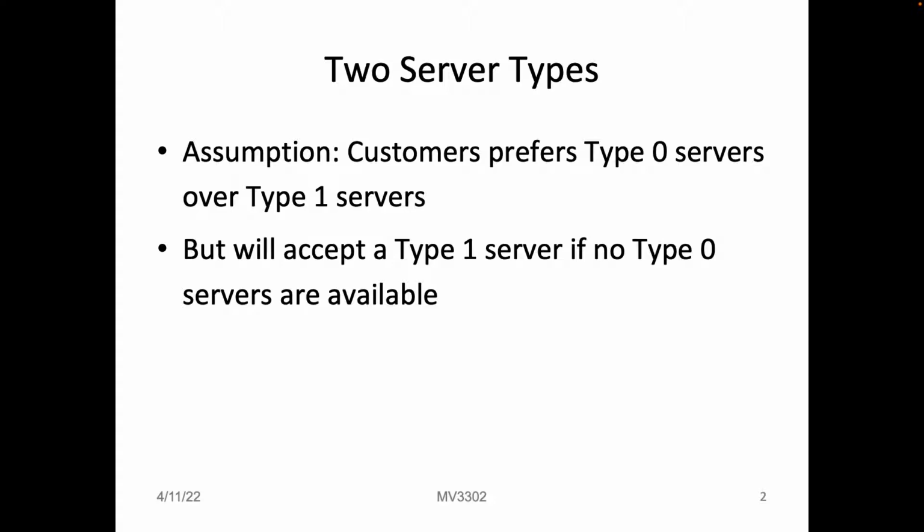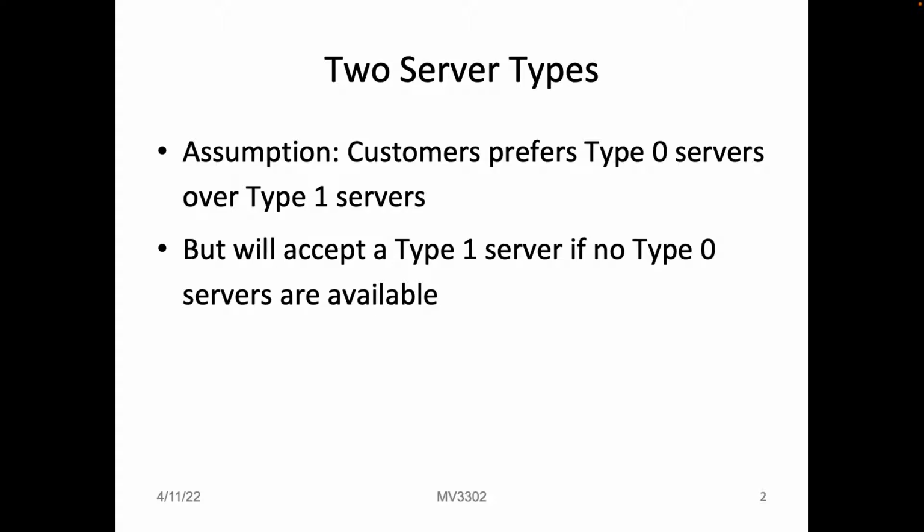Okay, so the idea is that the customers are all basically the same still, but there are these two different types of servers, and the customers kind of know that. And again, in this use case that I'm describing, which job would go on which machine would be something that some guy would decide.